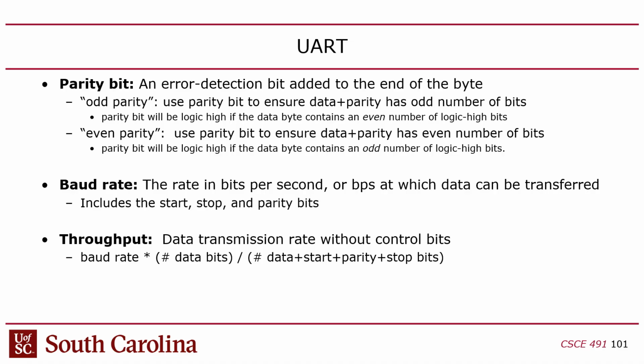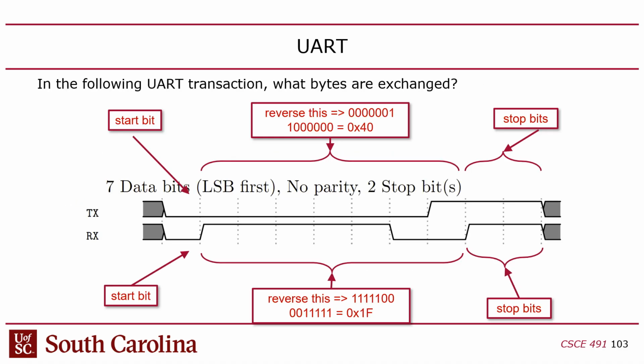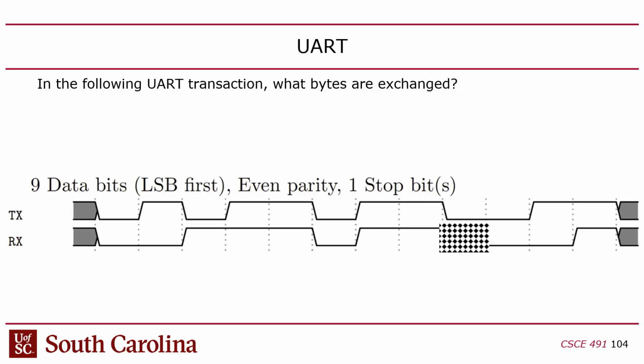So let me show you an example of that. I forgot to mention that the parity bit comes right after the data bits. So what you end up with is a start bit, data bits, a parity bit if parity is enabled, and there's only 1 parity bit, and then 1 or more stop bits, right?